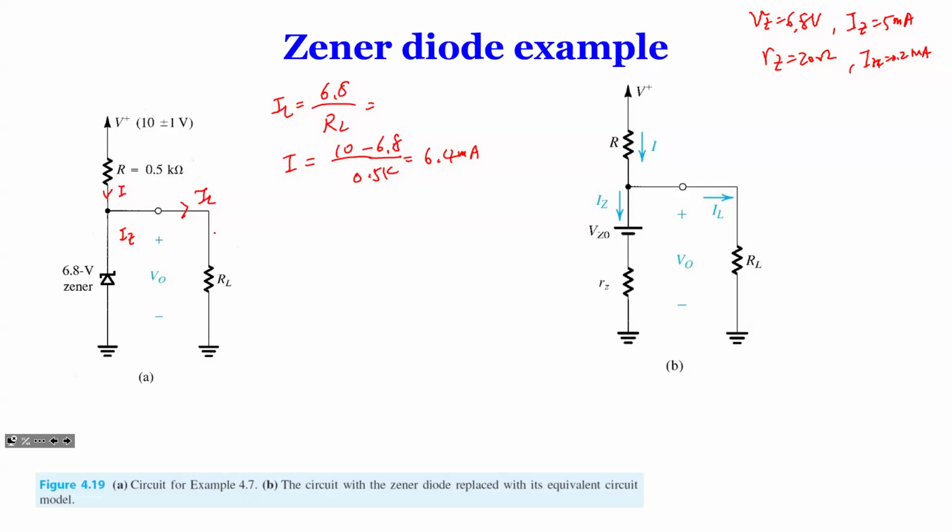We didn't discuss that in the previous slide, but here we give you the model of the diode. So instead, we can do the change in voltage divided by 0.5K plus RZ. RZ is given as 20 ohms. So that only changes by about 3.5. It changes a very small amount.